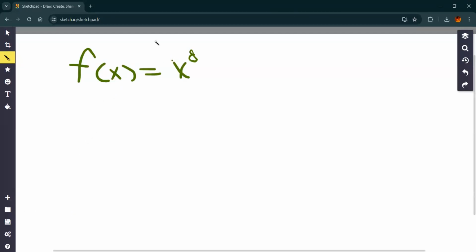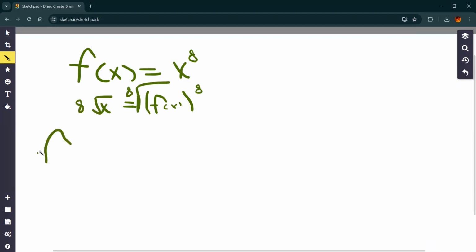What you have to do is switch these around. So we put x here, and now we have f of x here, and it is to the 8th. And we have to solve for f of x. We get to take the 8th root, which is a little weird. Then we find that the inverse function is the 8th root of x. Okay?